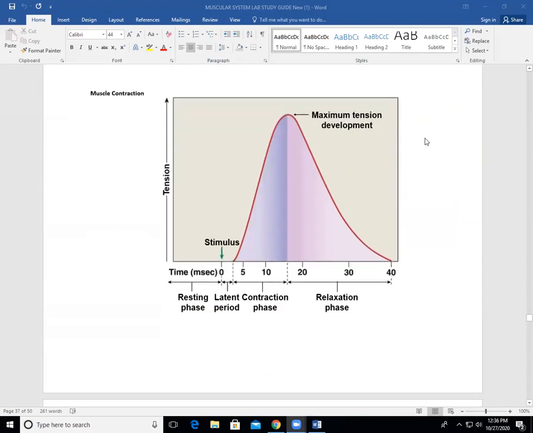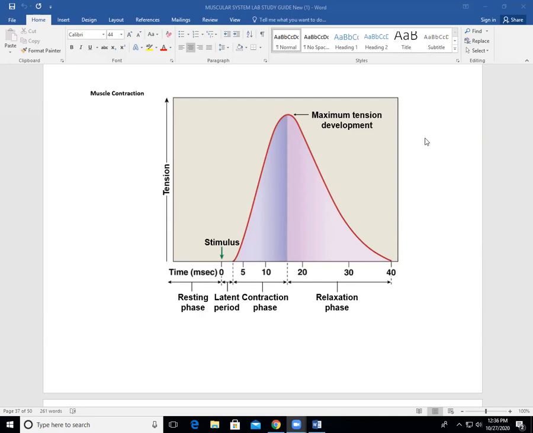Okay, another concept we want you to understand is the period of different phases of contraction. Basically, the time before there's a stimulus is the resting phase. The time between the stimulus and a response is the latent period.